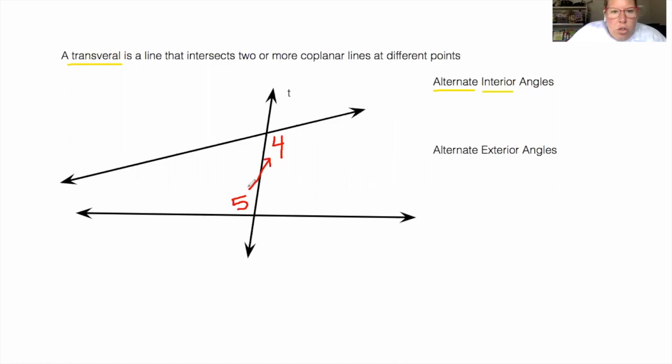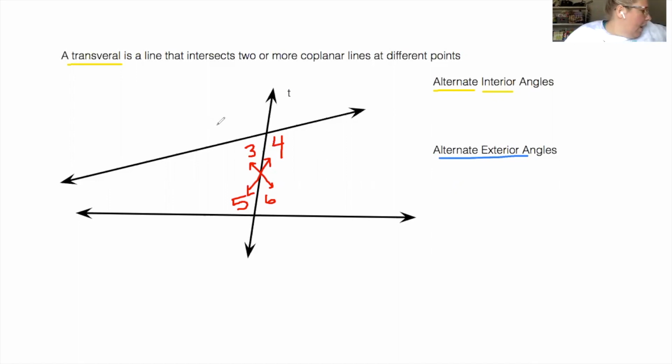They are alternates of one another, but they're on the inside of the line, okay? Also, angle 3 and angle 6, those are alternates on the inside, in between these two lines, versus alternate exterior angles, okay?